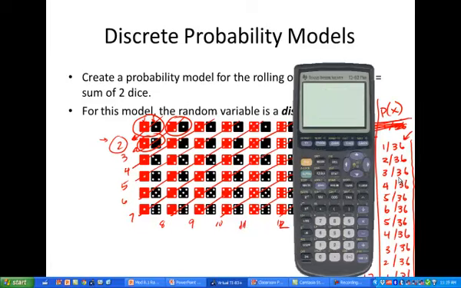So 1 plus 2 plus 3 plus 4 plus 5 plus 6 plus 5 plus 4 plus 3 plus 2 plus 1 is 36, and since the denominator is 36, I divide by 36. And there it is. We've verified that the sum of all the probabilities is 1.